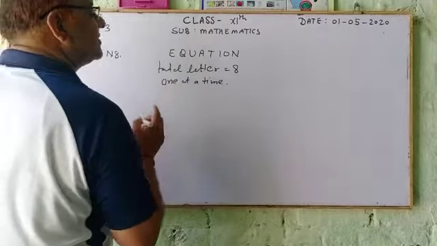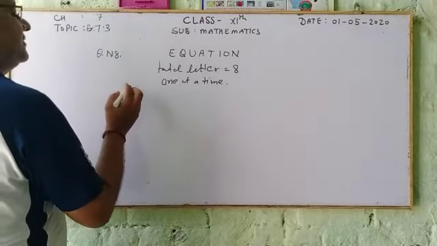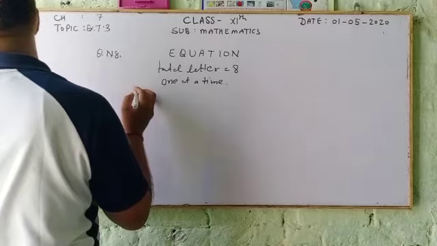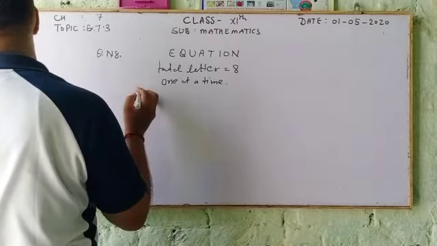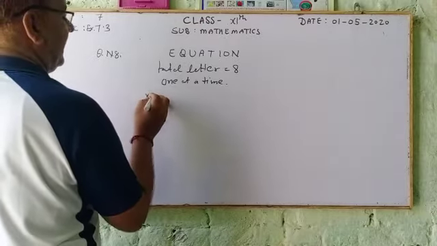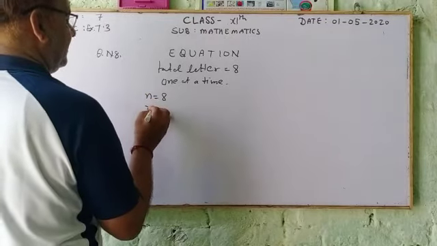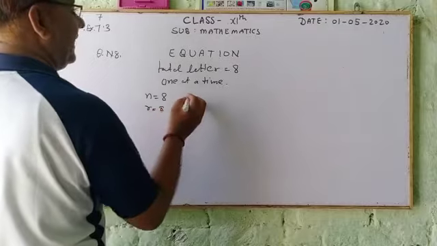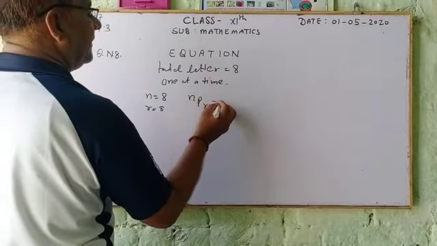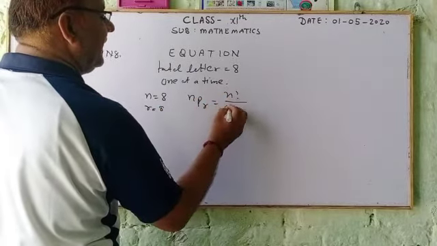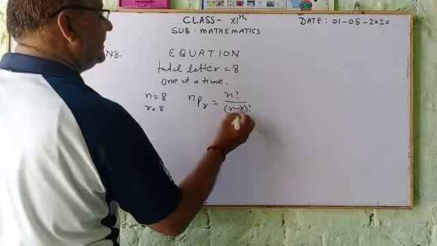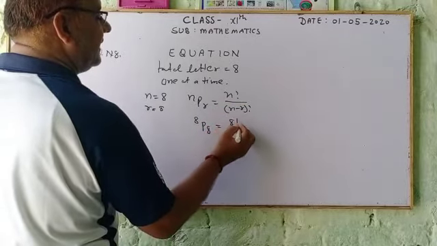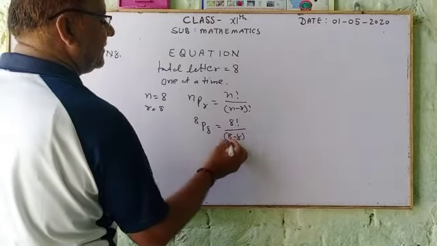So to solve this question we use the formula. We are taking r equal to 8 and n equal to 8. So nPr is n factorial upon n minus r factorial. We are taking 8P8, that is 8 factorial upon 8 minus 8 factorial.